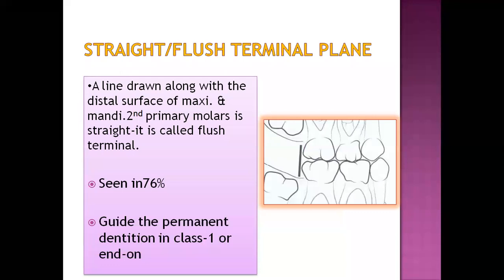The straight or flush terminal plane is a line drawn along the distal surface of the maxillary second molar and mandibular second molar. If it is straight, it is called straight or flush terminal. It is seen in 76% of cases, and it guides the permanent dentition into either class 1 or end-on relationship.